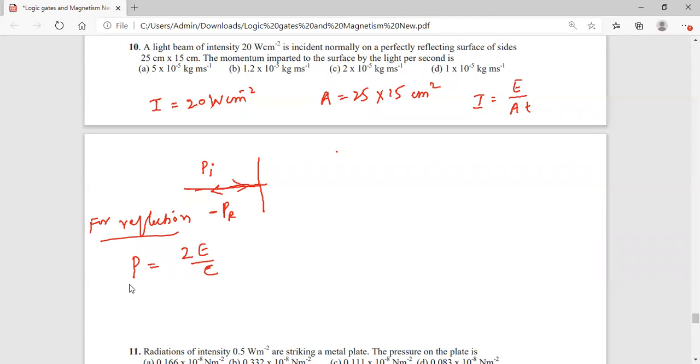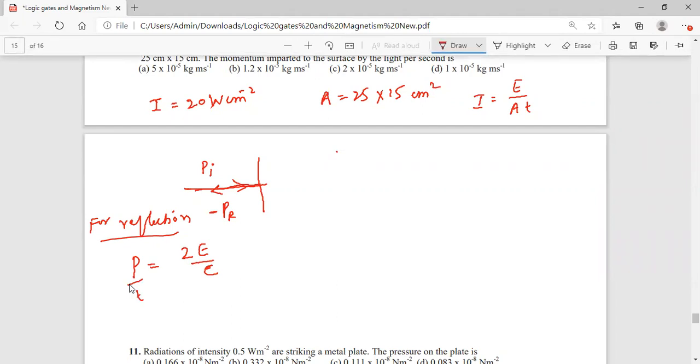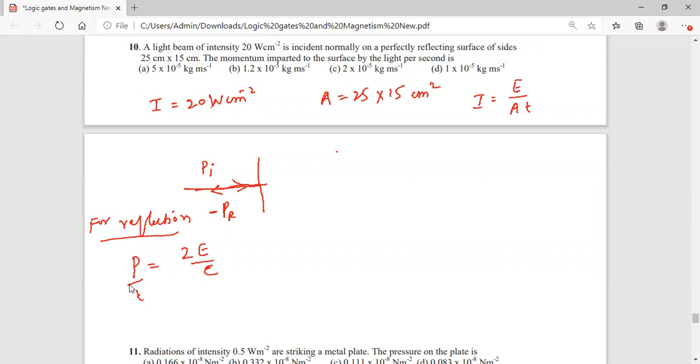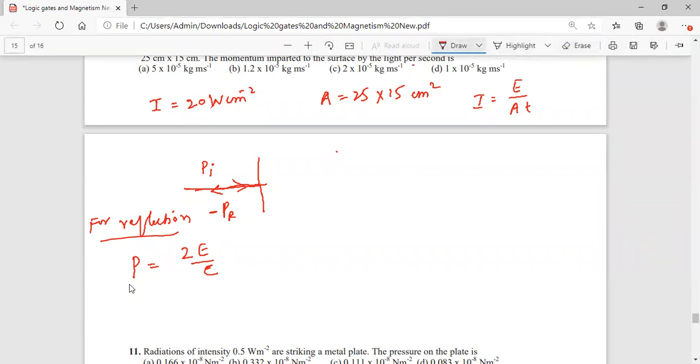Now he is asking for the rate of change of momentum. Therefore, I will take P by T. P is equal to E by C and I is equal to E by A T. Per second is given, therefore take T equals 1.